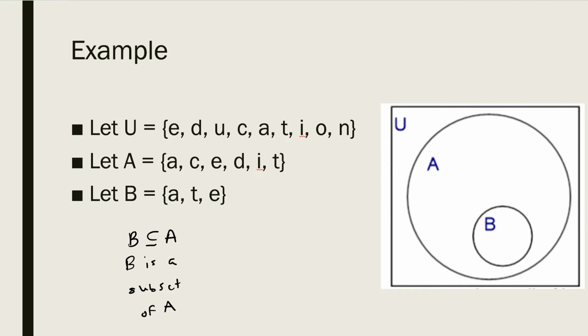It's a subset of U. Here's A, and it's an element in U. C, E, D, I, T. So every element in A is also in U. So we can say that A is a subset of U.